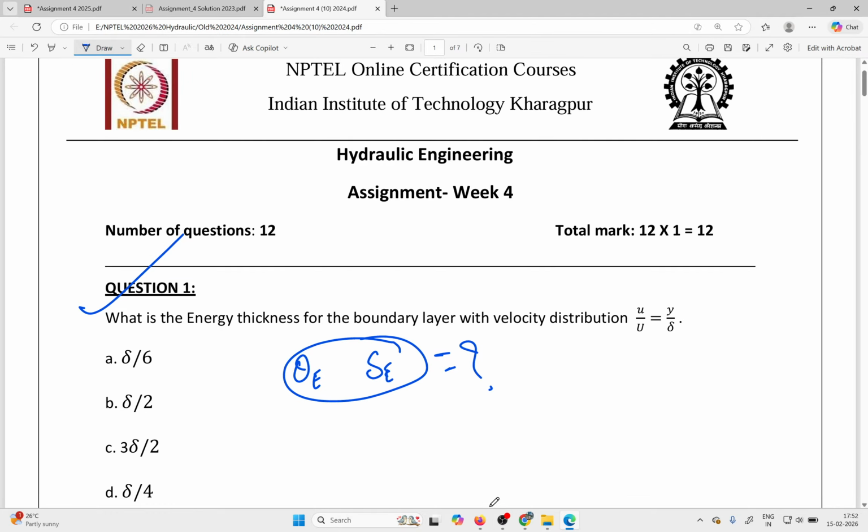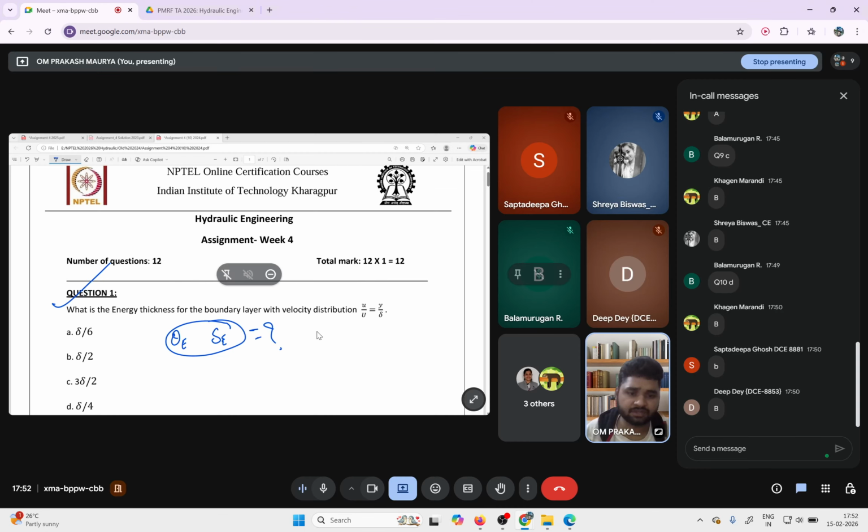Okay, for this question you have 5 minutes, so please think on that and write your answer. This is from the same hydraulic engineering assignment of 2024. Here you will see the similarity.